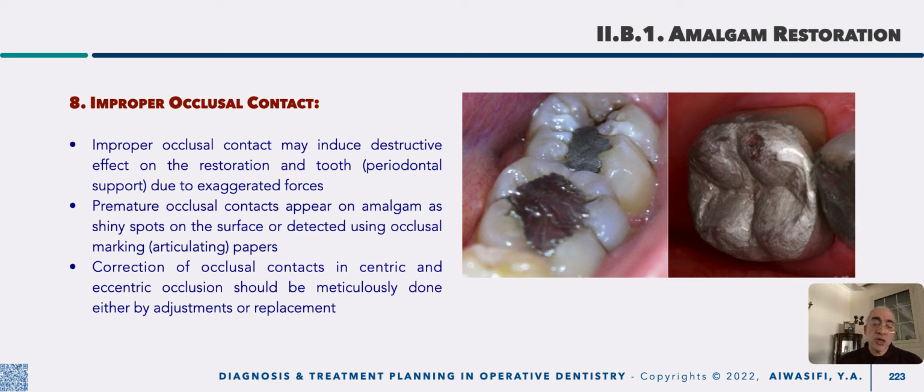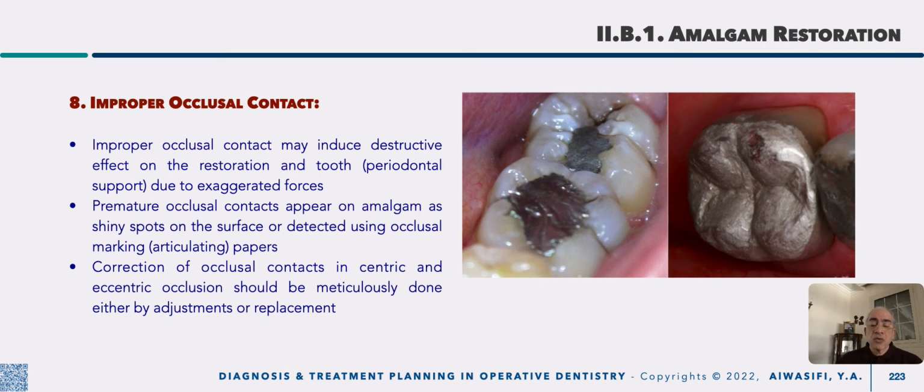That's why in most of these cases, as you could note in the photo on the right, you may leave a premature contact because amalgam starts to crystallize and initial setting has started. That's why you are not able to adjust the occlusal contacts, but you should instruct your patient at this time.